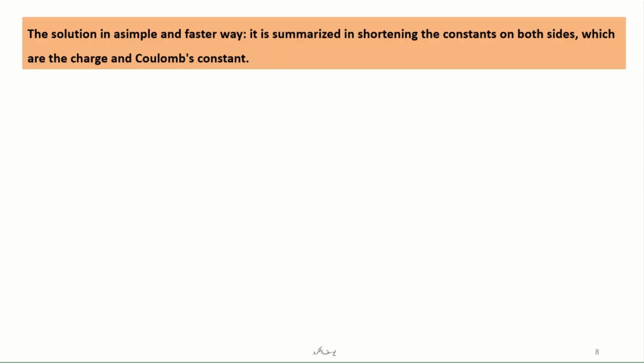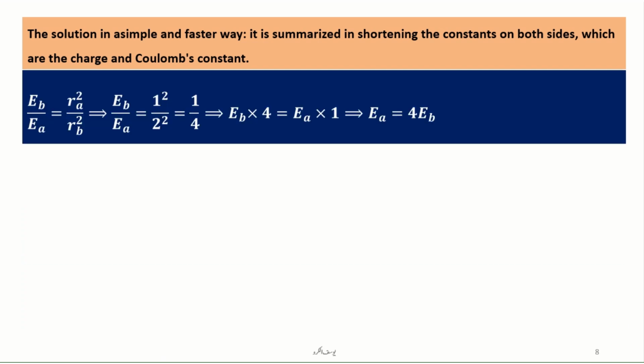The solution in a simple and faster way. Now we can make the solution better, faster and simpler like this. We don't write the constants like Kc or Q, because they are constant in these two equations.